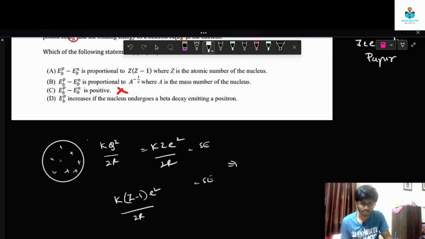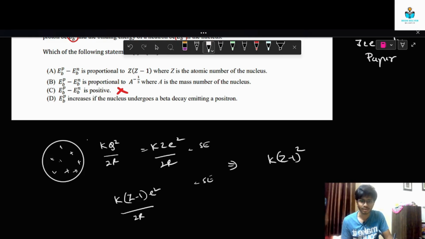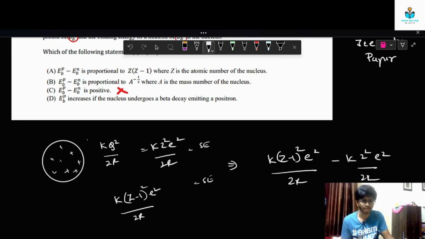Okay, and this will come out to be K (Z minus 1) whole square e square by 2R minus K Z square e square by 2R. So this will be equal to K e square by 2R common, (Z minus 1) whole square minus Z square.